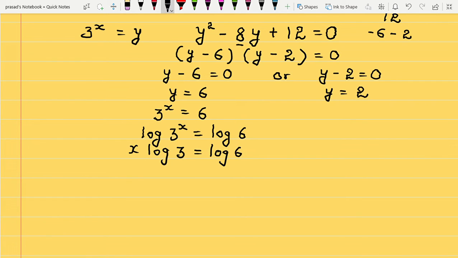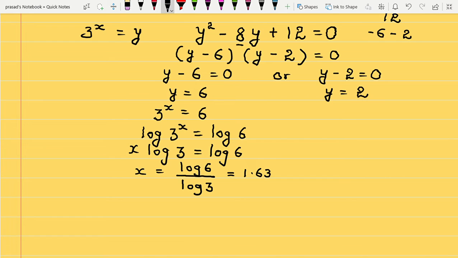Using the power law of logarithm, I am getting x down and multiplying the logarithm by x. So x is equal to log 6 divided by log 3, log 6 divided by log 3 is 1.63.